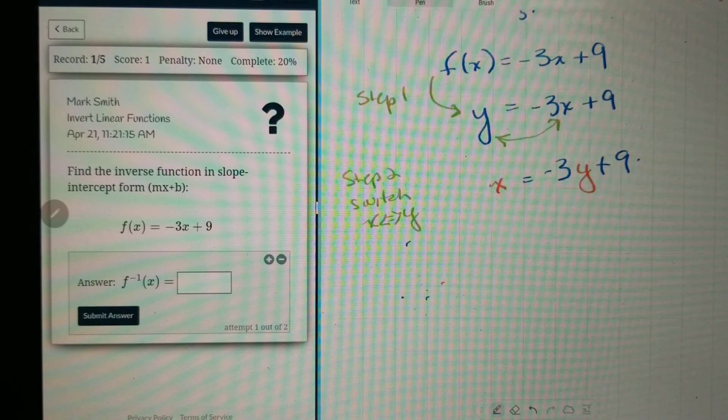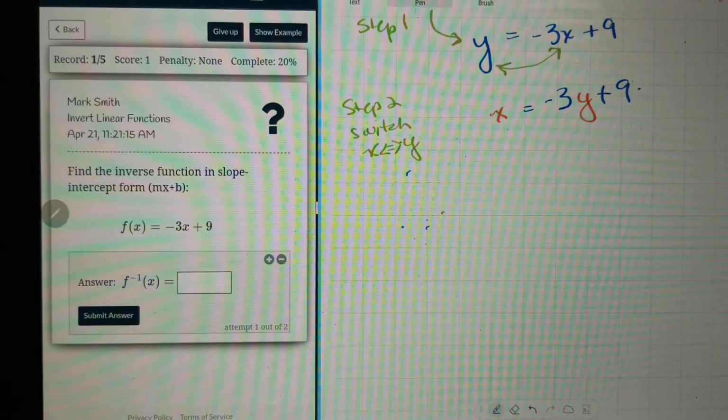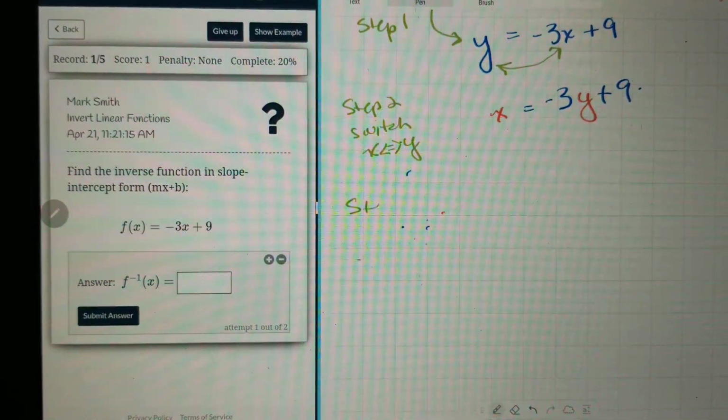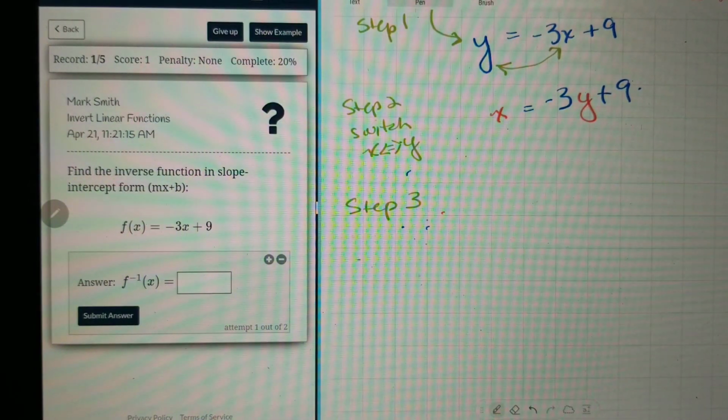All right, now the messy step. So step 3 is rewrite this for y. Holy cow. Rewrite this for y.